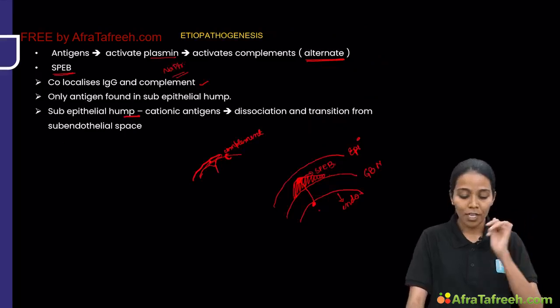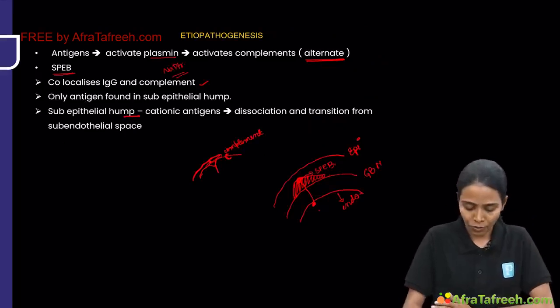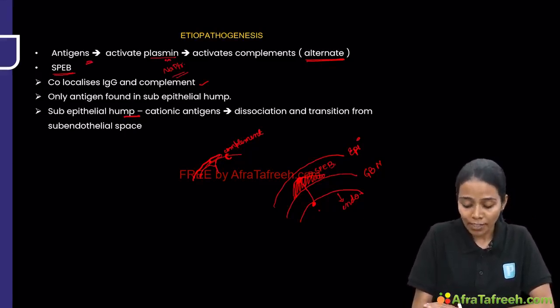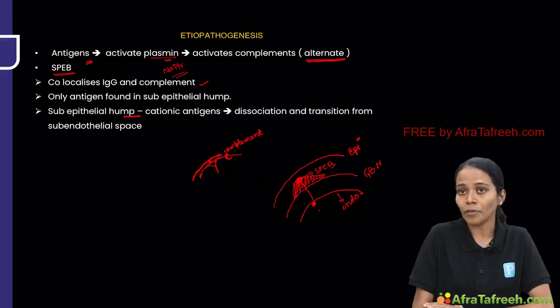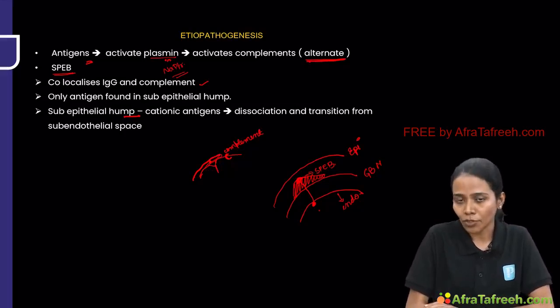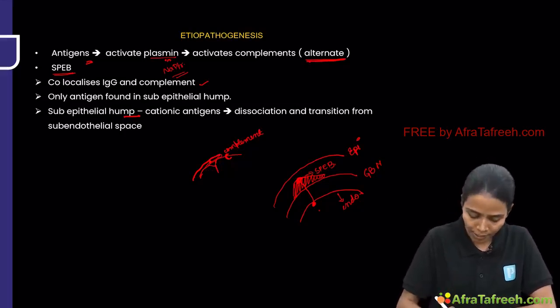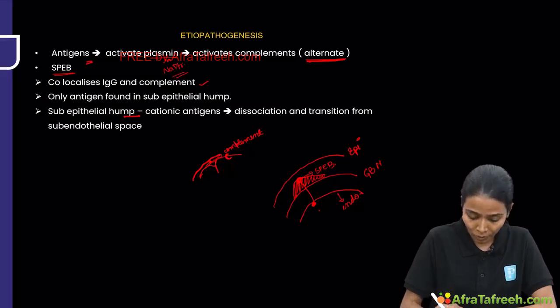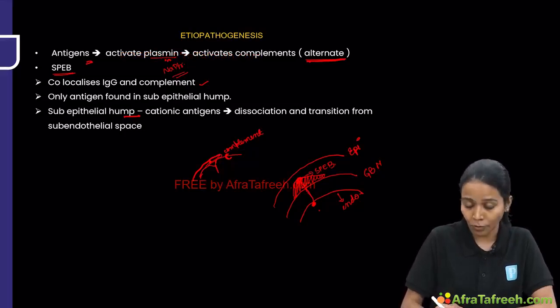Okay. Now, continuing the etiopathogenesis. So what happens once these antigens are present? They activate the plasmin. Okay. Once they activate plasmin, they activate complements, which is the alternative pathway. Now coming to the streptococcal pyrogenic exotoxin B. If you see, this streptococcal pyrogenic exotoxin will generally come to the subendothelial space, but the cationic antigen is going to dissociate and transition from the subendothelial space and go into the subepithelial space.